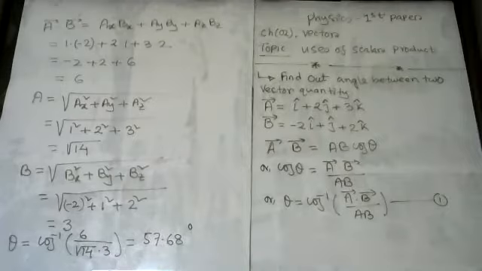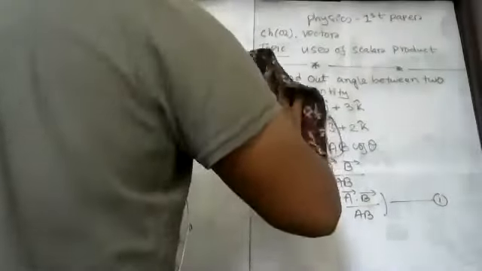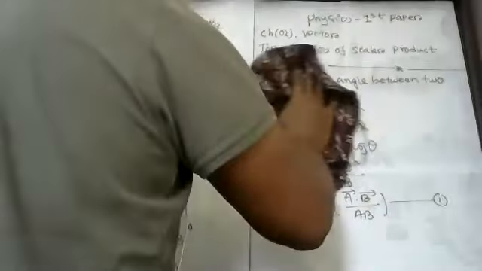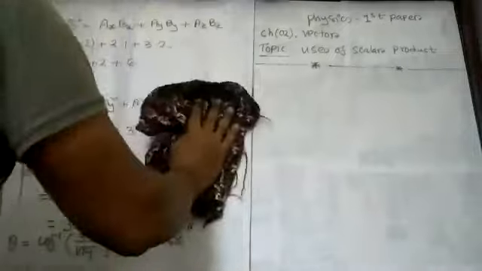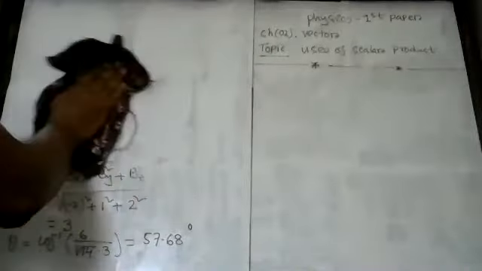Now, my dear student, in the next step, I'm going to write down another application or uses of dot product. Okay, my dear student. So let's see what would be that particular application of dot product.